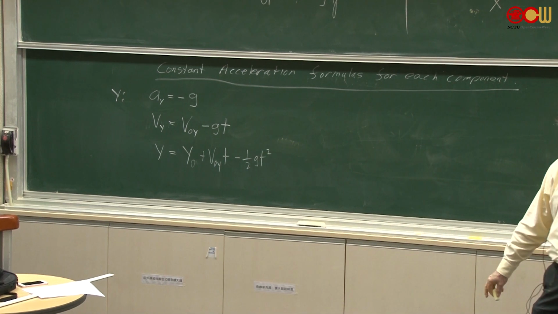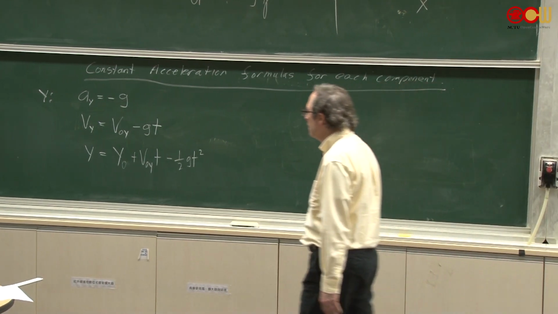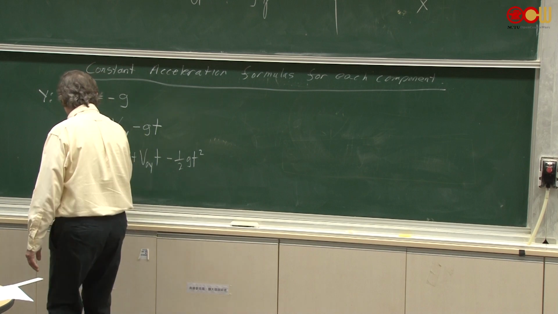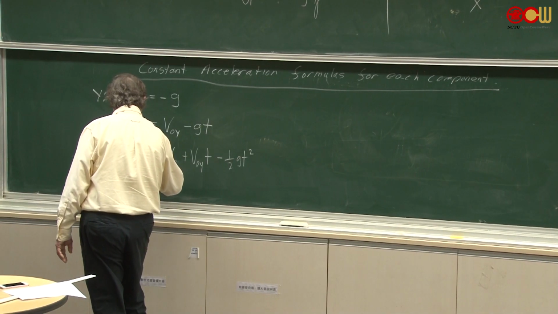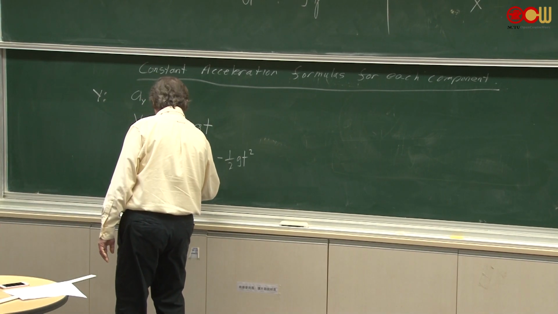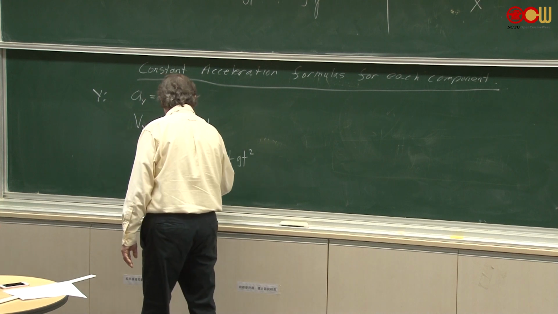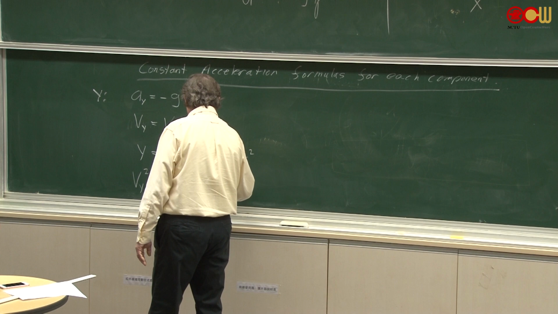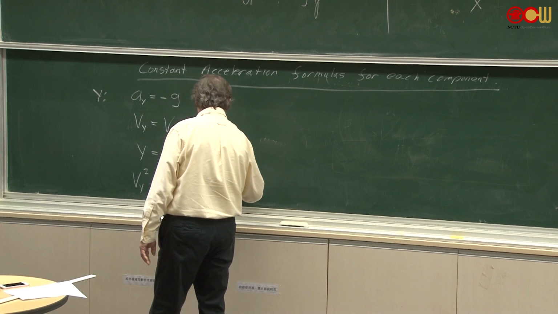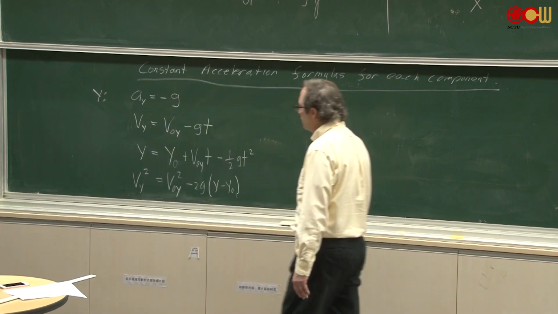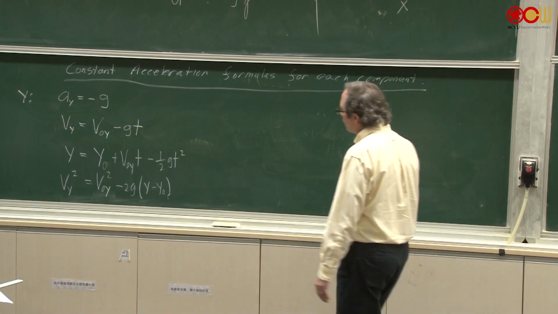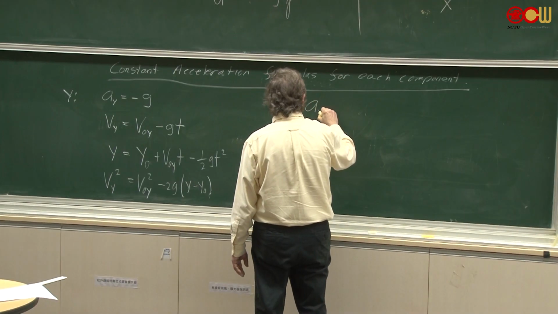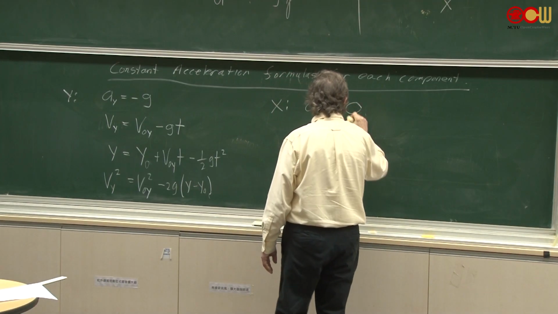There are three equations in the y direction. And we can also write down the other equation, v sub y squared equals v0y squared minus 2g times (y minus y0). So we can write down all of that. In the x direction, we have a sub x is equal to 0.